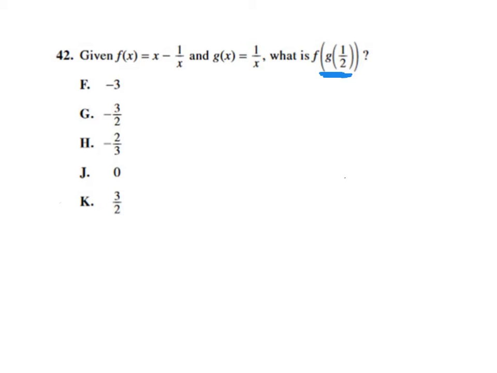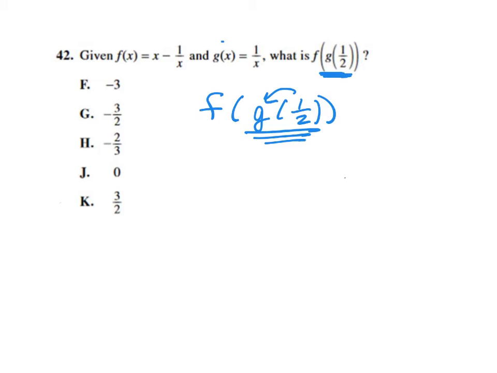So g of 1/2, first I'll write the whole thing down again, f of g of 1/2. I'm going to start in here and plug 1/2 into the g function.